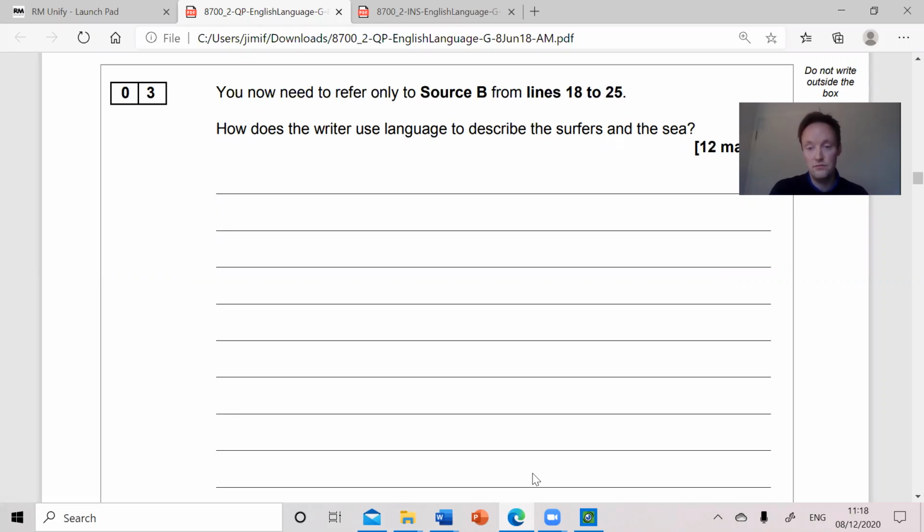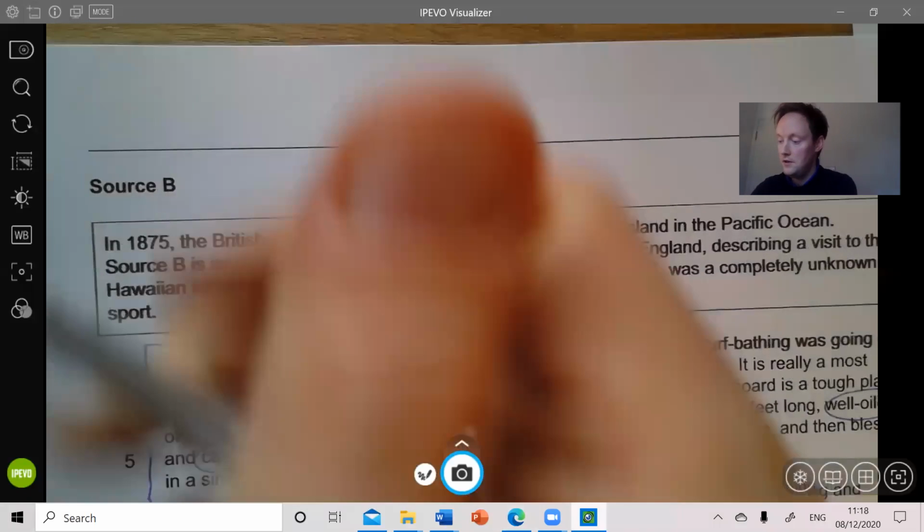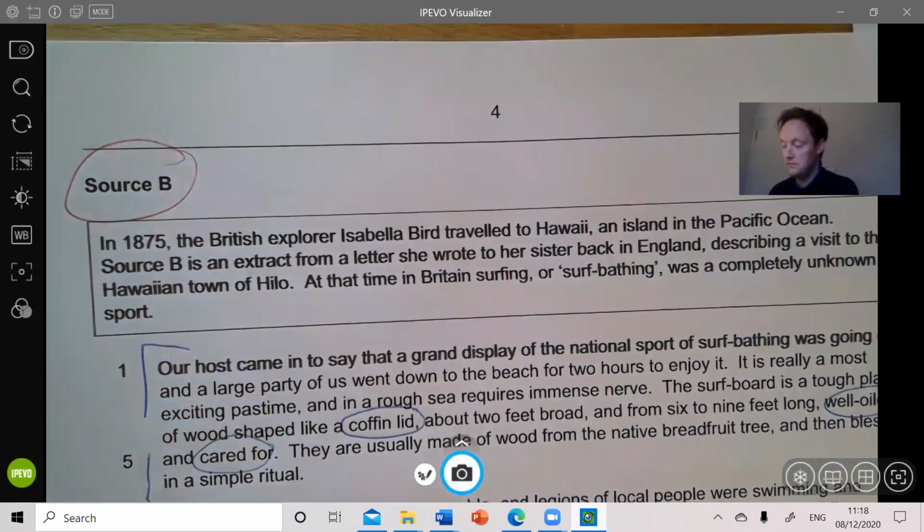So some strategic and practical things to do first off. Make sure you're looking at source B. It does happen that sometimes students don't do this, particularly in the pressure of any kind of timed conditions. Then find the lines that you need.